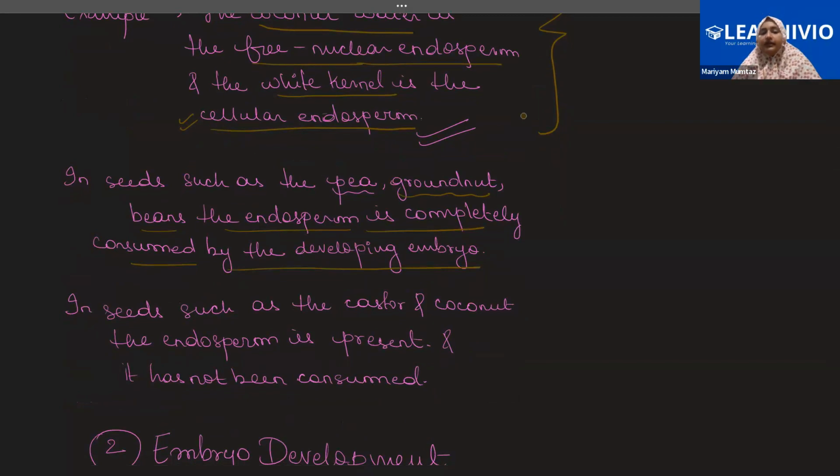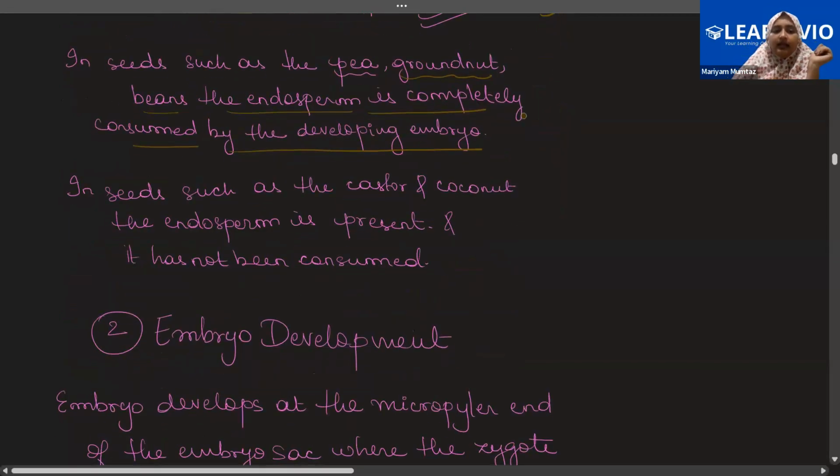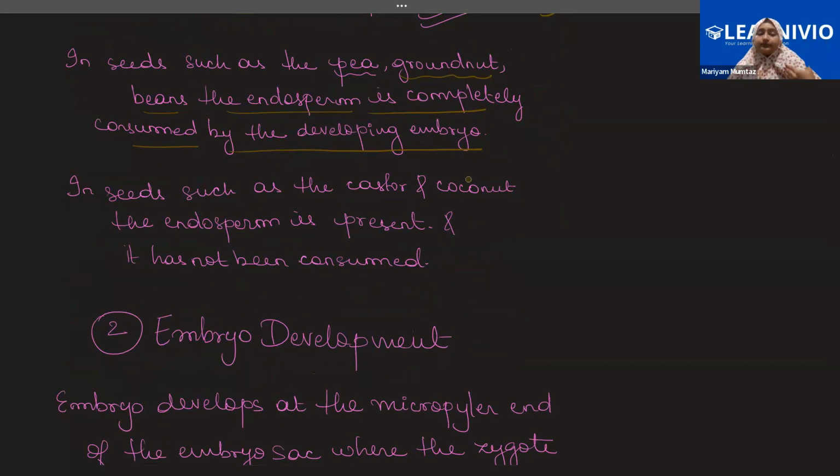Meaning in these seeds, the endosperm is not left at all. In seeds such as the castor and coconut, the endosperm is present and it has not been consumed. So from seed to seed, it will vary whether the endosperm has been consumed completely or is present.